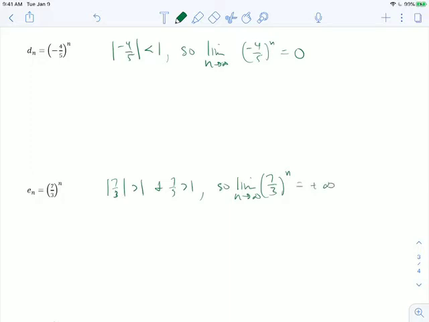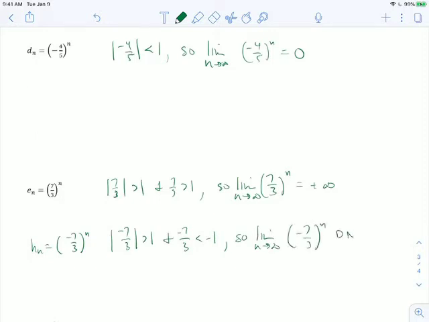If we'd had, say, h sub n equals (-7/3)^n, here the absolute value is bigger than 1, and -7/3 is less than -1, we would conclude that the limit as n goes to infinity of that sequence does not exist.